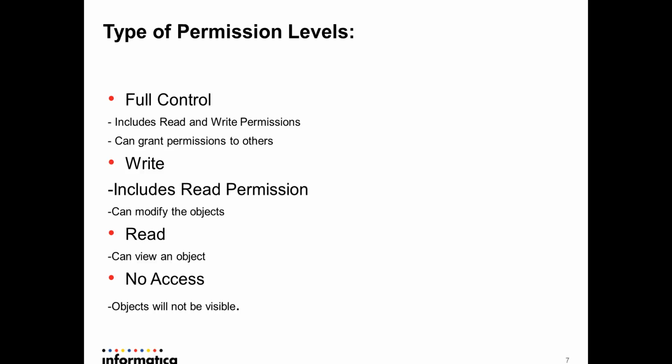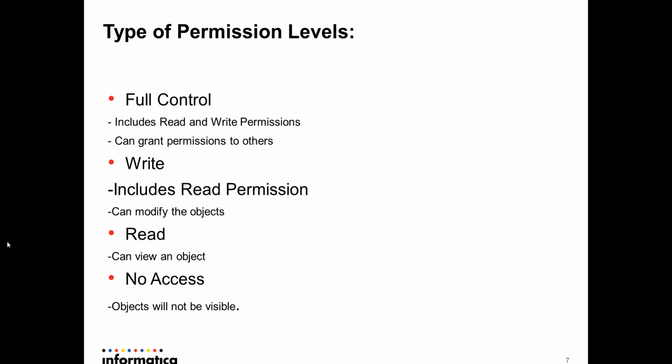If a user has read permission, then she can view an object. And if the user has no access on a particular catalog, the objects will not be visible at all. By default, the permission level for any catalog for any user is no access.